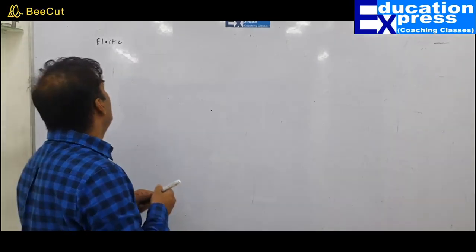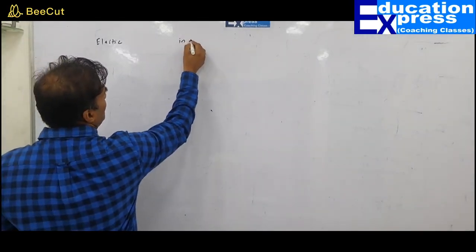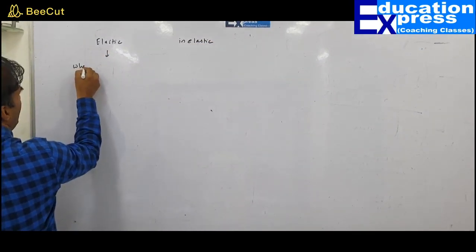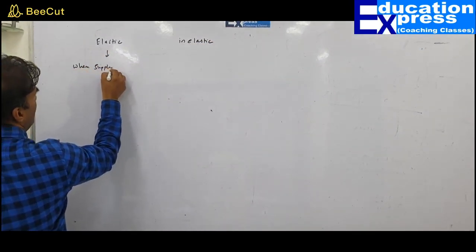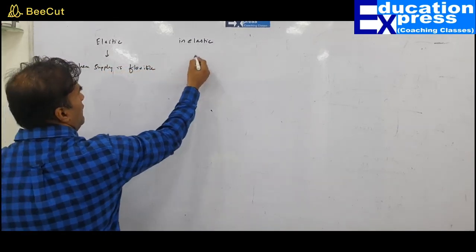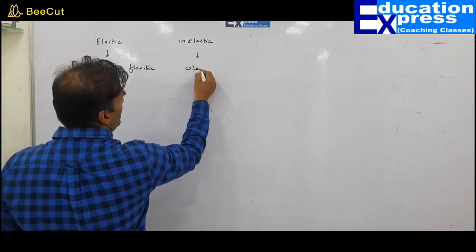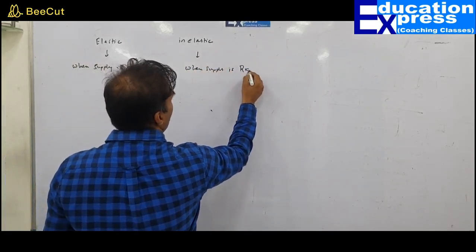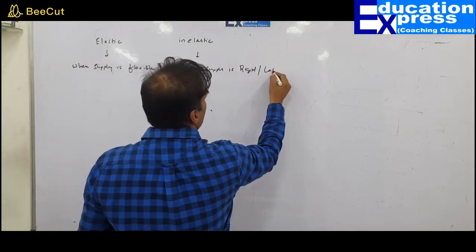So we say that it is inelastic. When is it elastic? When supply is flexible. When is it inelastic? When supply is rigid or less flexible.